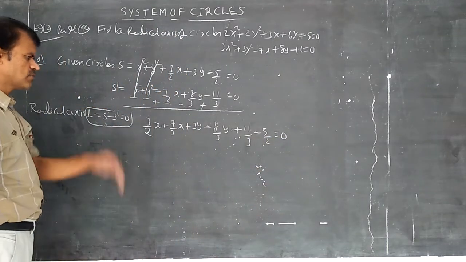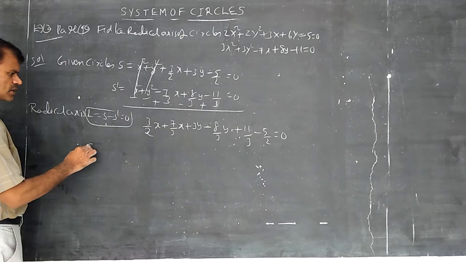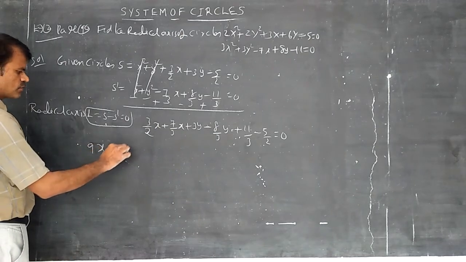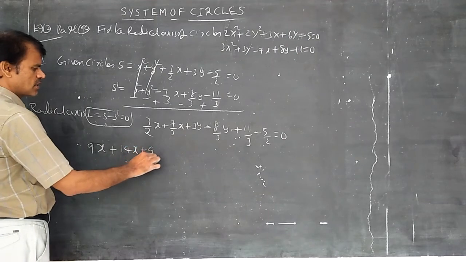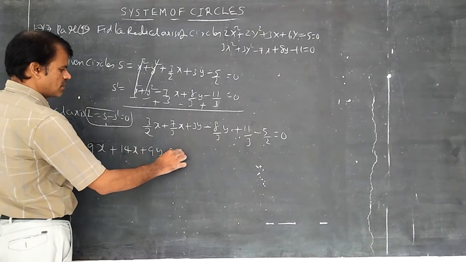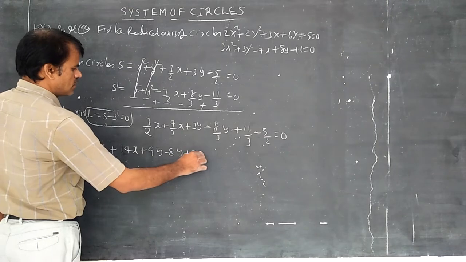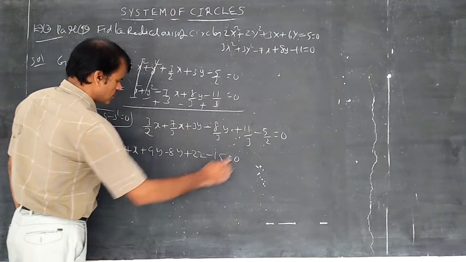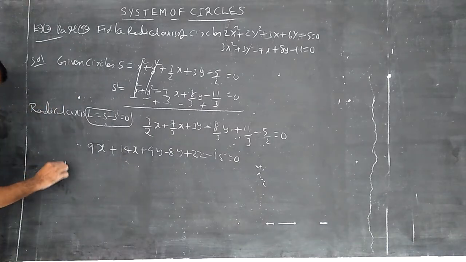By taking the LCM 6 for all the terms, it becomes 9x plus 14x plus 9 minus 16y plus 22 minus 15 equal to 0. Therefore, you can write this as the radical axis.